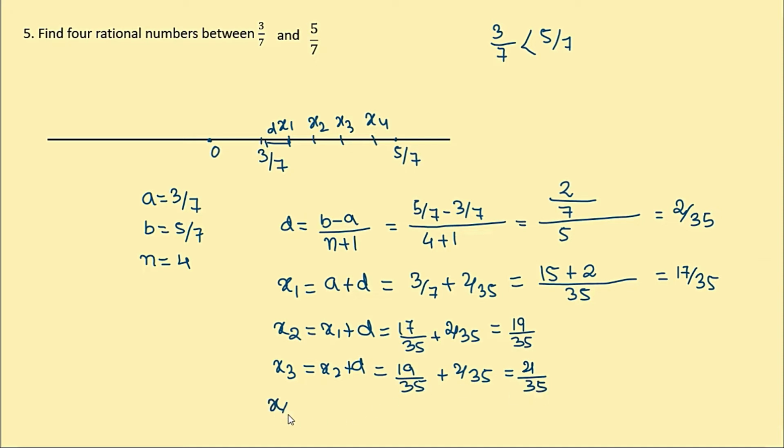And x4 is x3 plus D, that is 21 by 35 plus 2 by 35, that is 23 by 35.